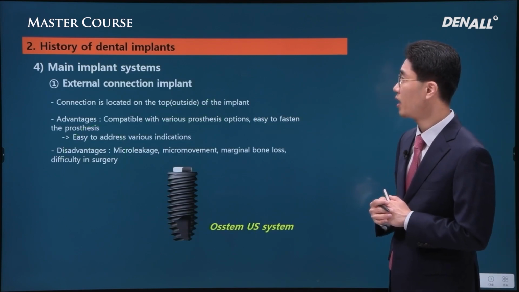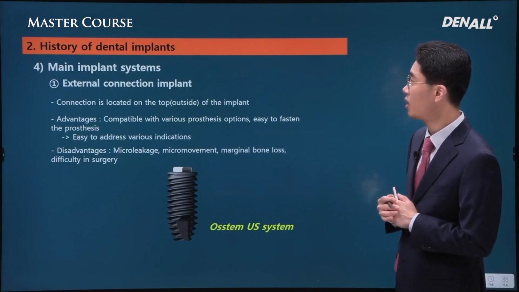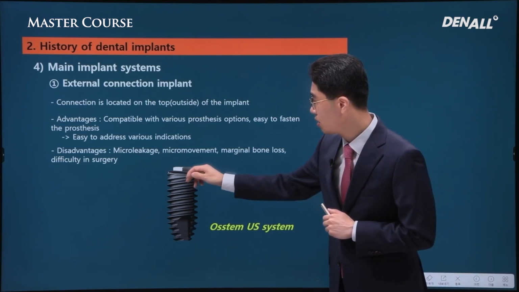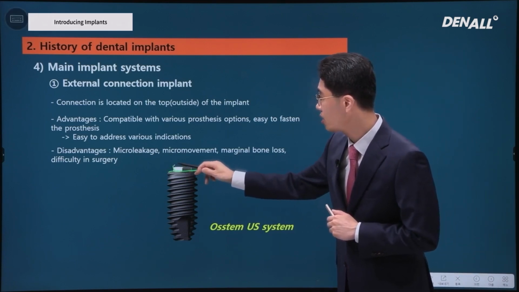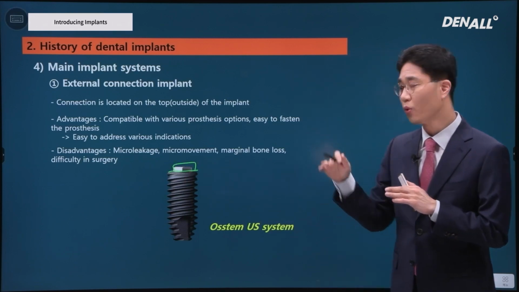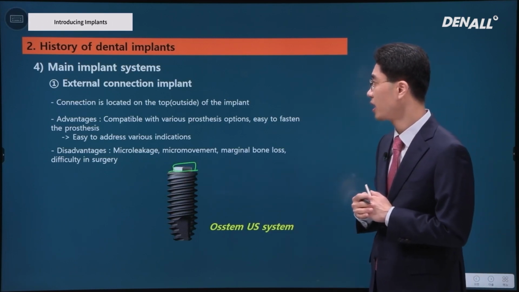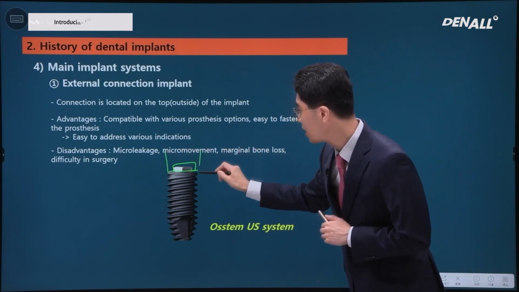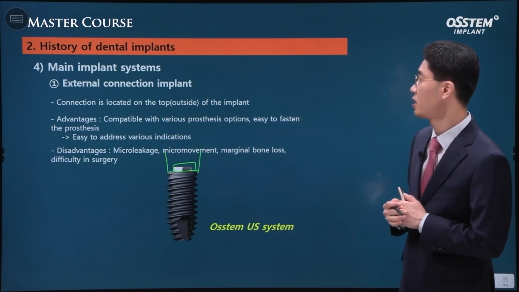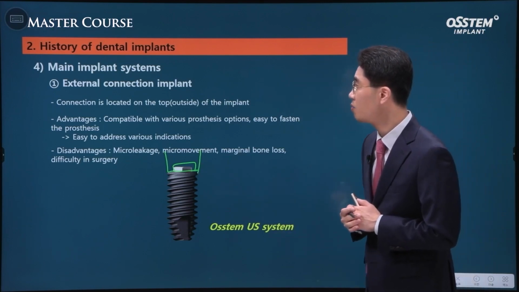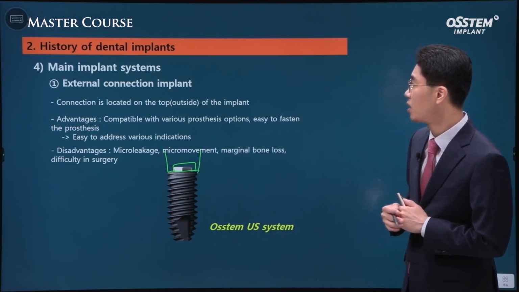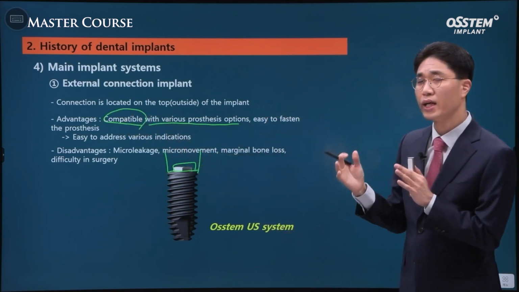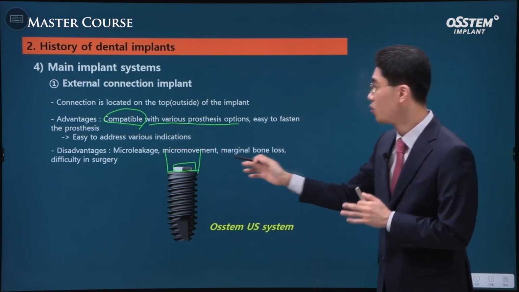Let's look at external type implants. External connection type implants. On top of the implant platform, there is a hex, and on top, the abutment goes on. The benefit of external type implant is that it's very compatible with various prosthesis options.